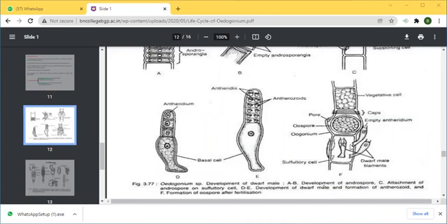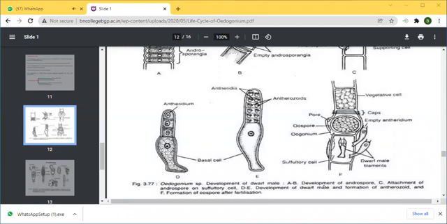See, where the dwarf male is, these are the dwarf males and androspores, and this cell is called the suffultory cell. What is this part? This is the oogonium with the oospore, and here only one oogonium is there.